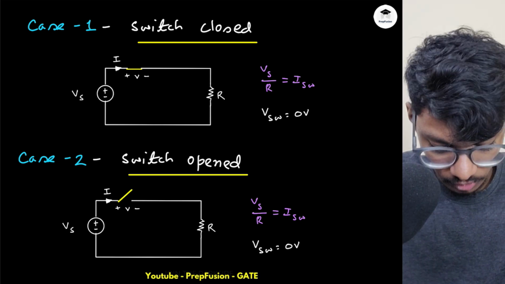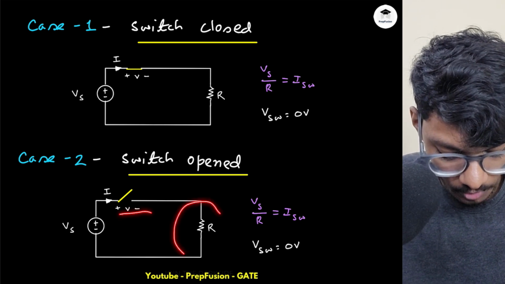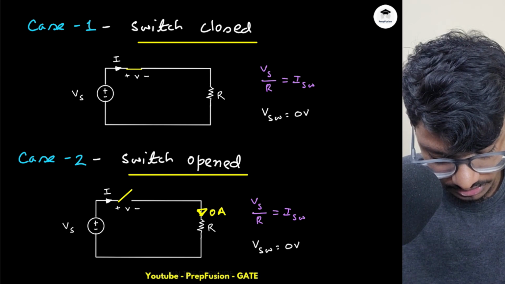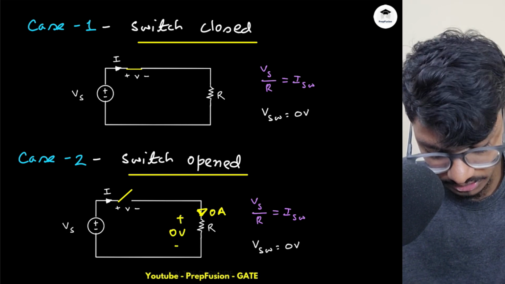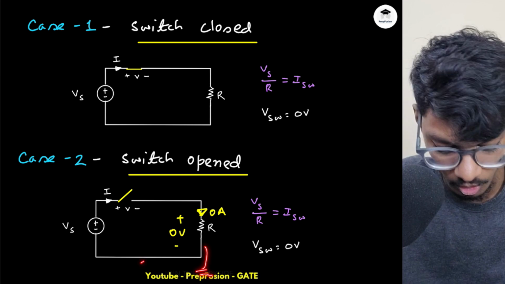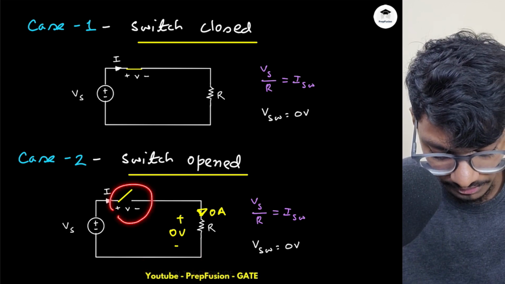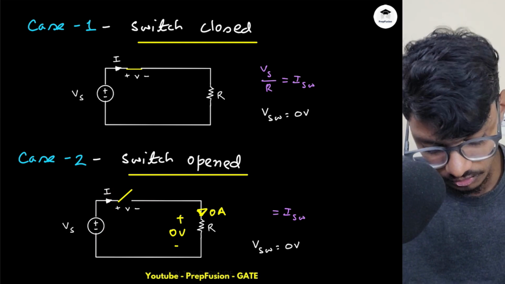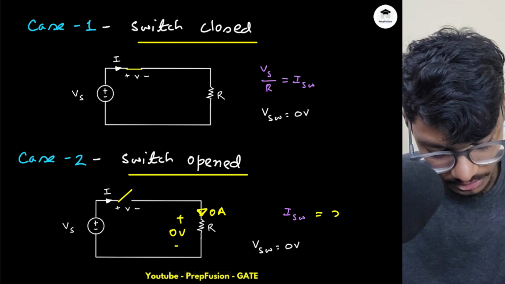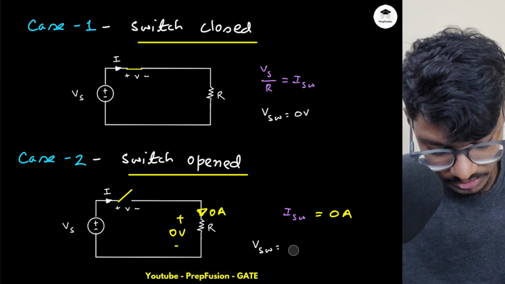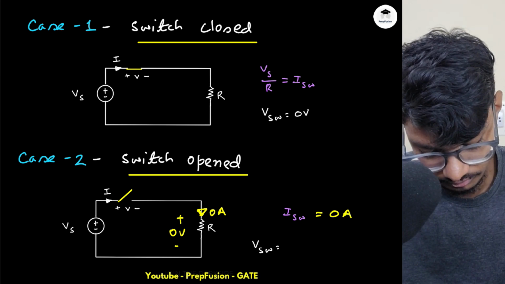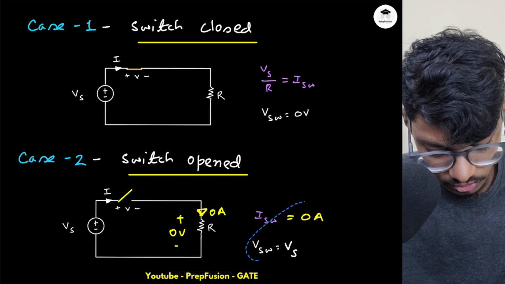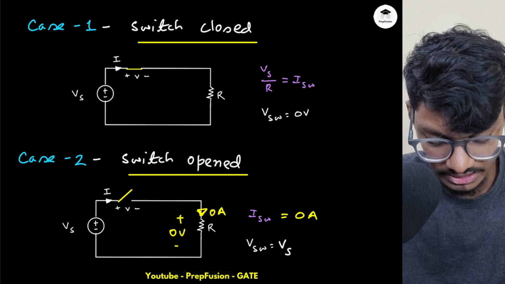That means no current will flow, so the drop across the resistor will be 0. It is 0 amps current, and this is assumed to be common potential ground. So the whole voltage is across the switch, Vs. This time my I switch will be 0, but my V switch will simply be Vs.